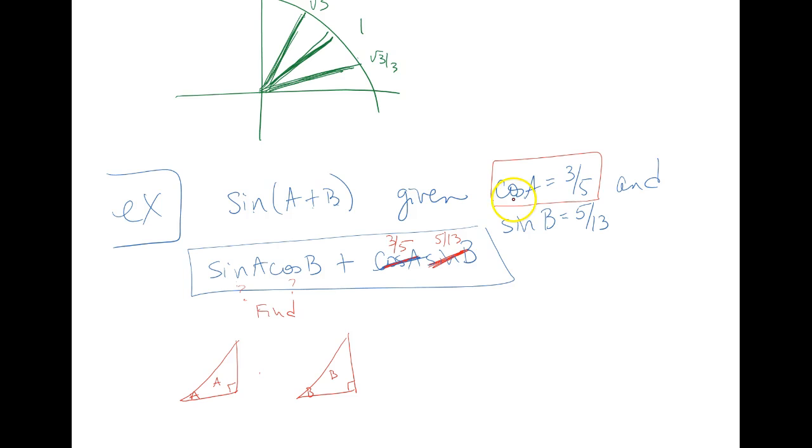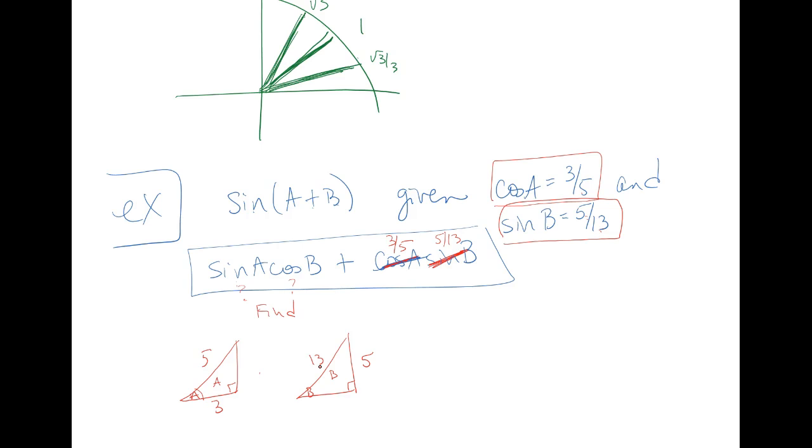So this told me that the cosine of A is 3/5, which means the adjacent over the hypotenuse is 3/5. For triangle B, it told me that the sine of B was 5/13, which means the opposite over the hypotenuse is 5/13.